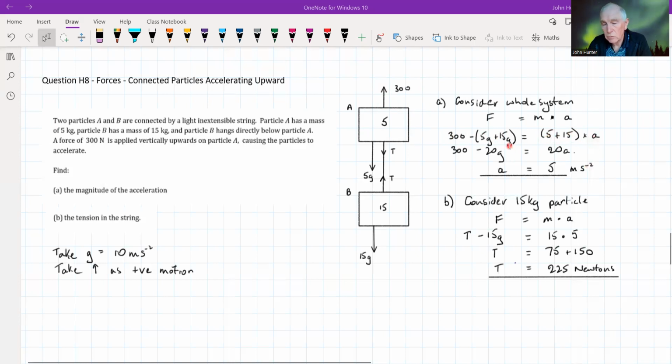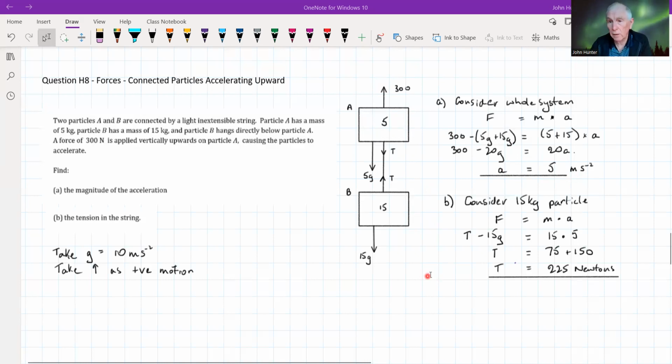Okay, so if we substitute g equals 10 in there and rearrange, this gives us an acceleration of 5 meters per second squared. We set upwards as positive, so it's accelerating upwards at 5 meters per second squared.